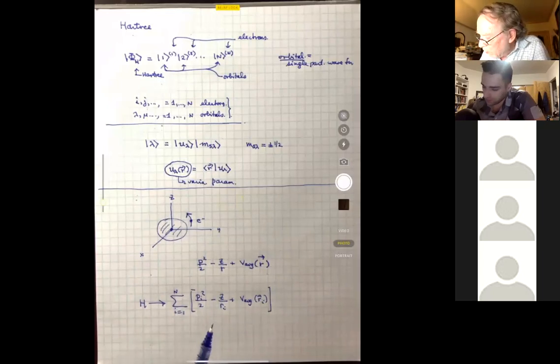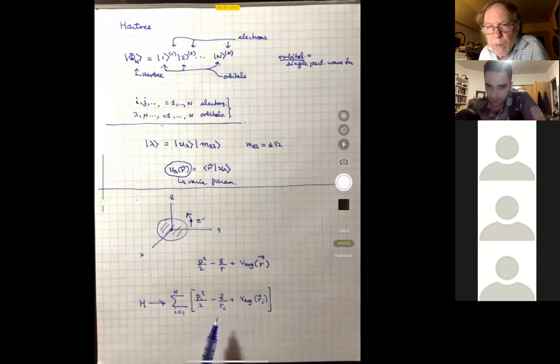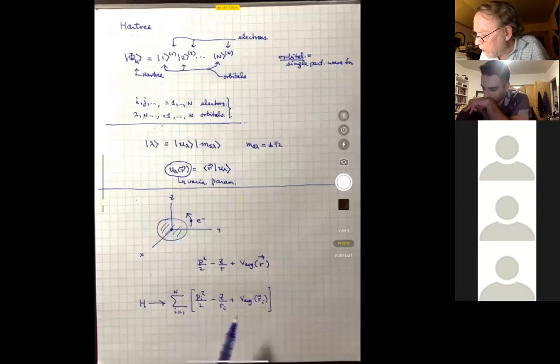Now, what's interesting is that if this really were the Hamiltonian for the system, it now becomes a sum of single particle Hamiltonians that depend on the coordinates and momenta of only one electron at a time. And therefore, the multi-particle Schrodinger equation is separable. The final wave function then is a product of single particle orbitals, each one of which is an eigenfunction of these separate Hamiltonians.